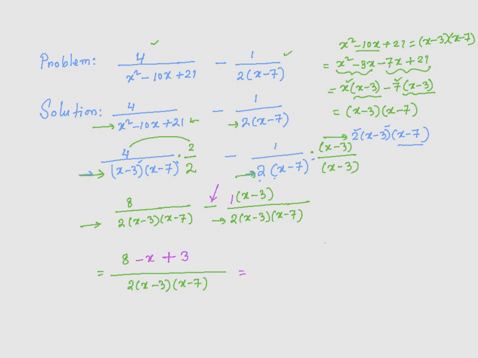Now your final answer is going to be negative x plus 11, because 8 plus 3 is 11, divided by 2 times x minus 3 times x minus 7. So if you subtract this term from this term, your final answer is going to be negative x plus 11 over 2 times x minus 3 times x minus 7.